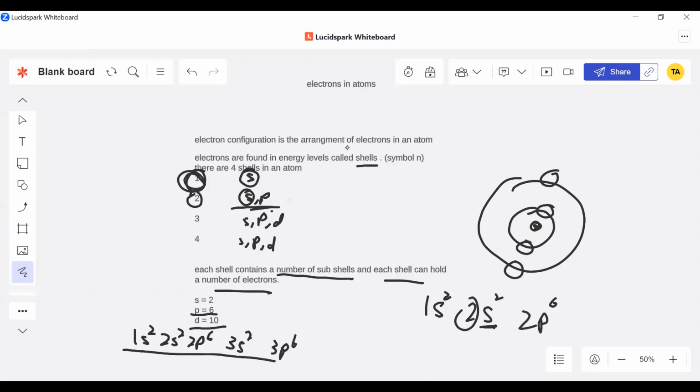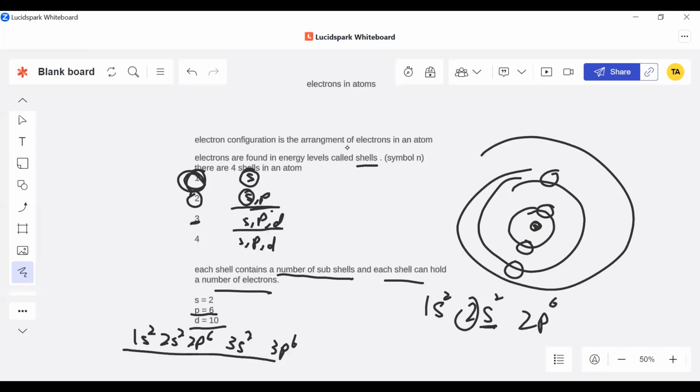So the third shell right here can hold 3 subshells, the S, P, and D. Now the D subshell can hold a maximum of 10 electrons. What do I mean? Well, I've written the first shell, the second shell, right?